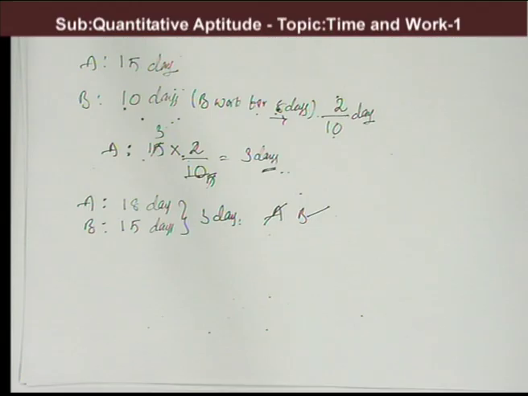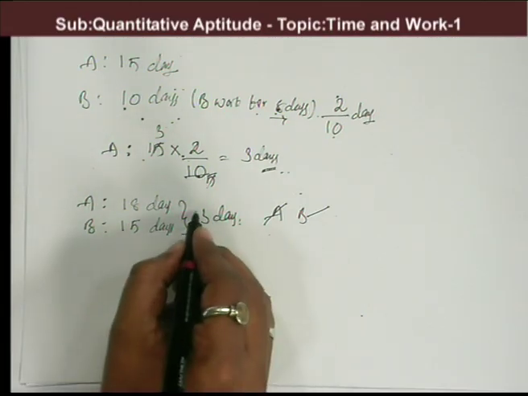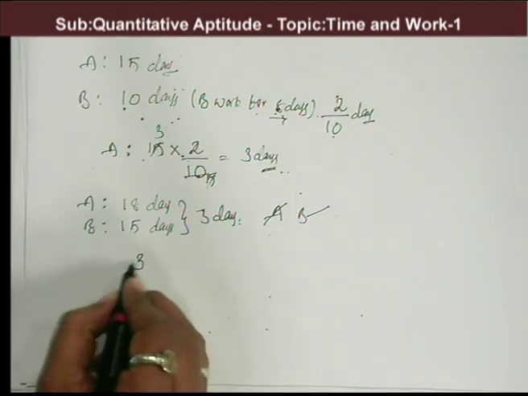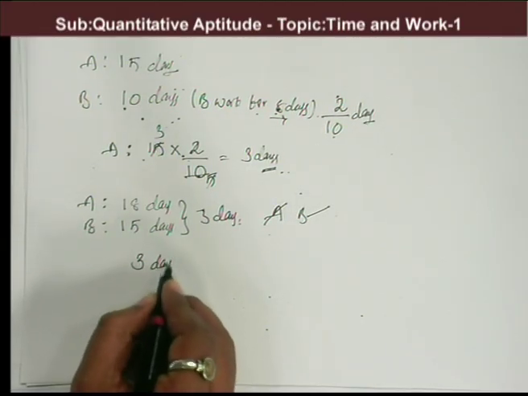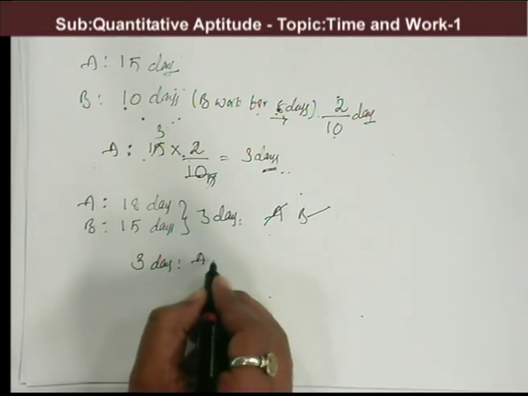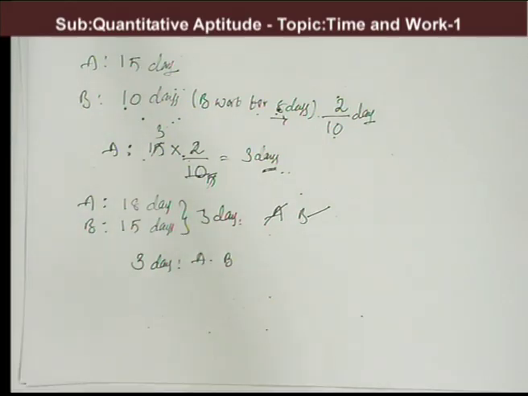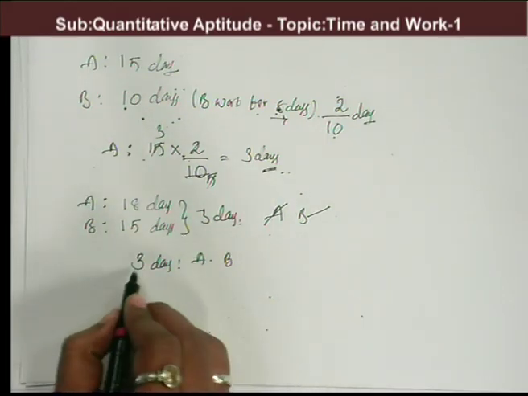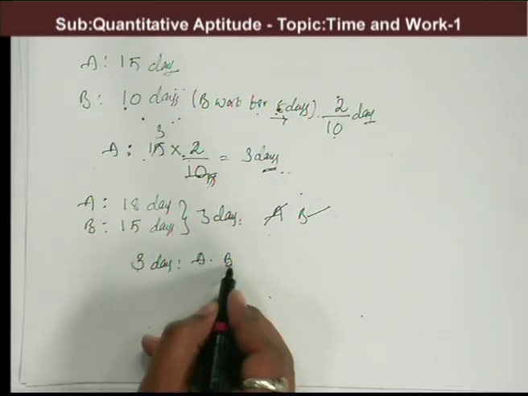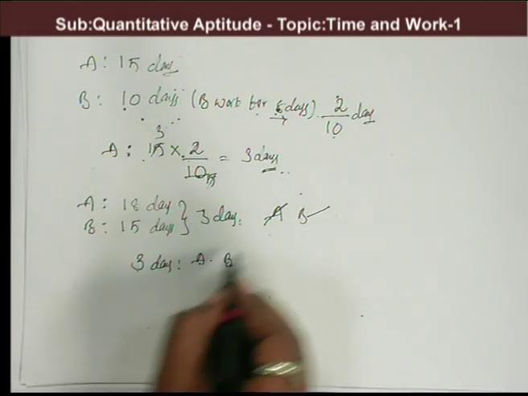In this question, we have a small technique. First, you have to observe the 3 days, who is working. A is working and B is working. That means A is working for 3 days, B is also working for 3 days, and A left the job after 3 days.